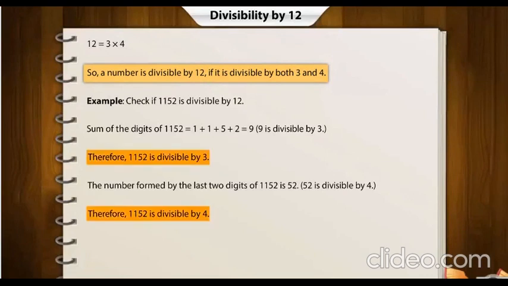Since this number is divisible by both 3 and 4, we can say that 1152 is divisible by 12. Let's verify this by actually dividing 1152 by 12. As we can see, 12 exactly divides 1152, leaving no remainder.